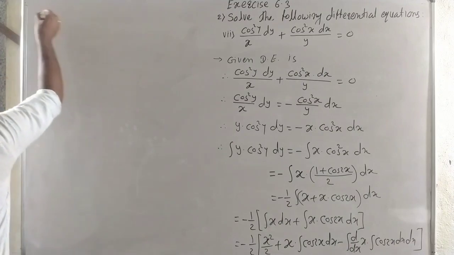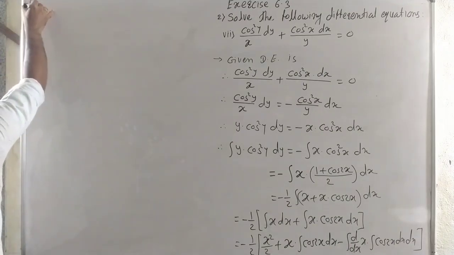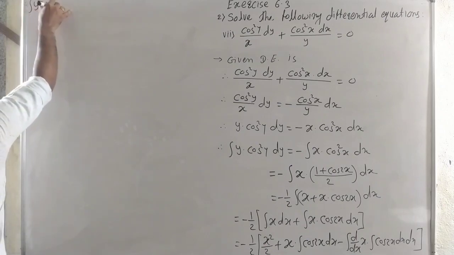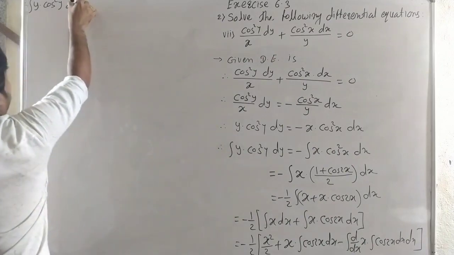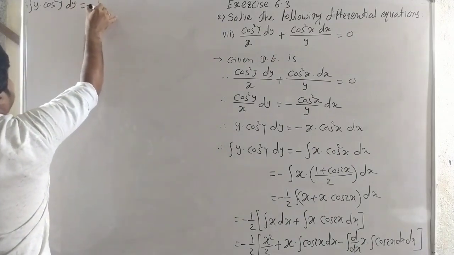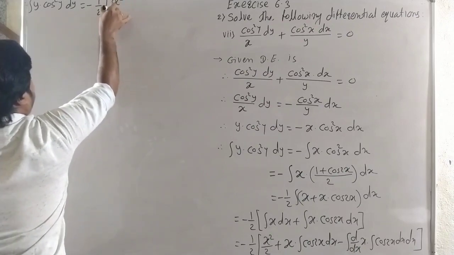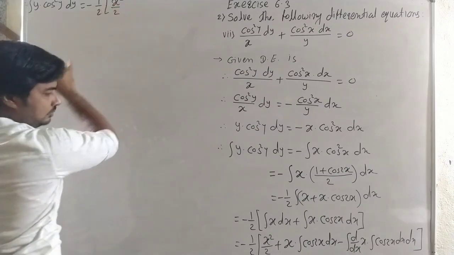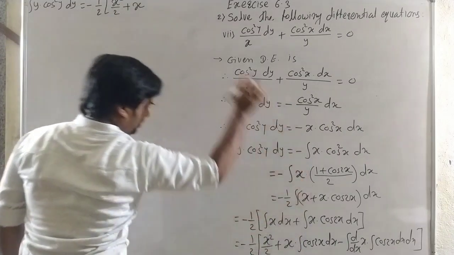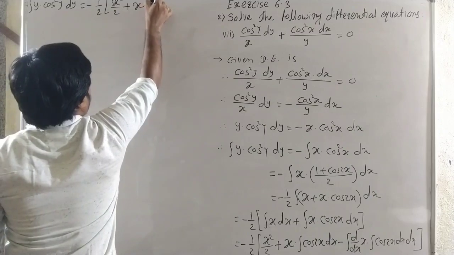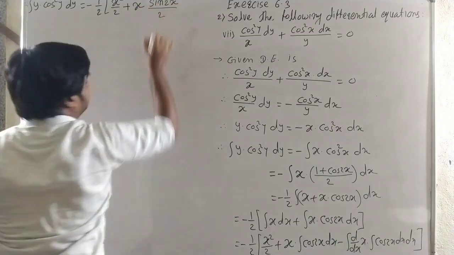And then the integral of y into cos square y dy is equal to minus 1 by 2 into x square by 2 plus x into the integral of cos 2x, which is sin 2x upon 2.